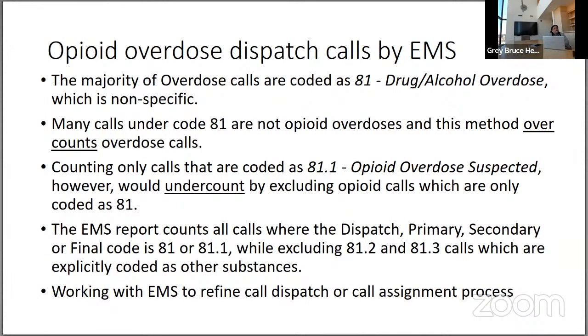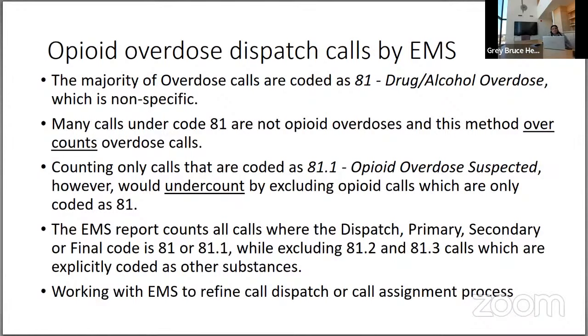With more work and exploration, we found that there is some misclassification of data between 81 and 81.1. So this is what we are really working on now, cleaning this data, and it is a tedious process where we get the Excel sheet where the calls happen. We go through the call scenarios and see if it is really opioid or alcohol or others, so that we can clean more the data of this code 81.